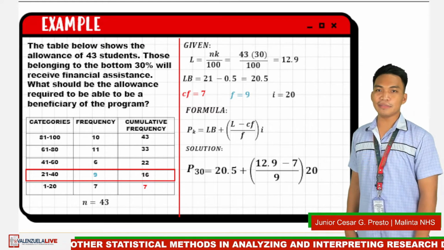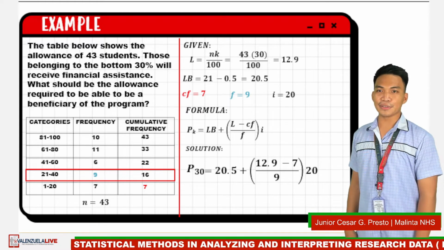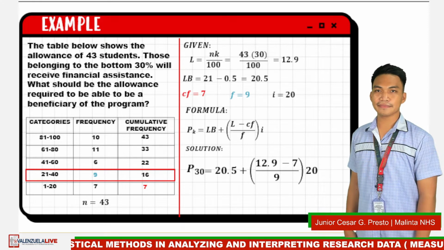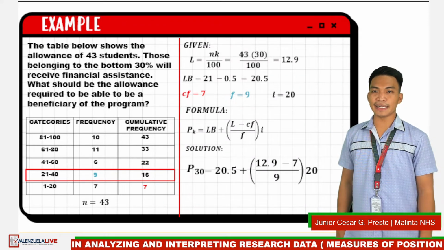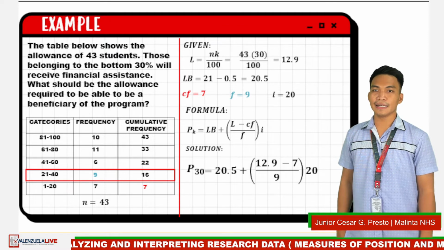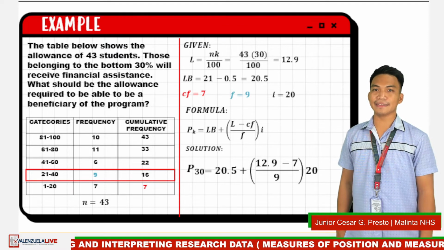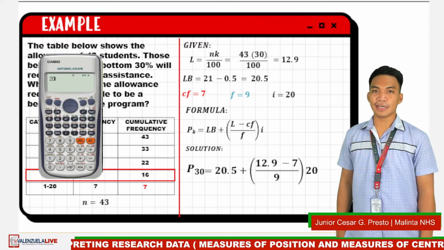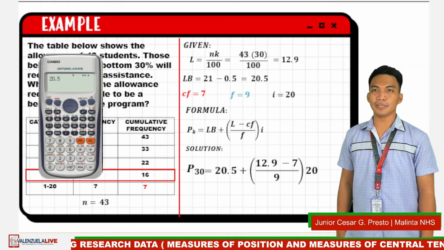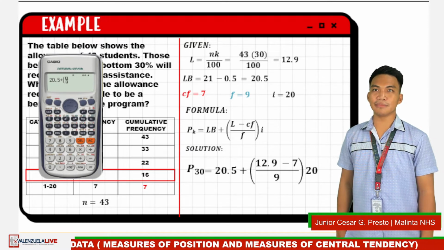Feel free to join me solve the problem using calculator. Are you ready? Let's begin. If you are using the Casio 991 ES Plus model, you can input the values this way. Input 20.5 plus symbol, open parenthesis, the fraction key symbol.